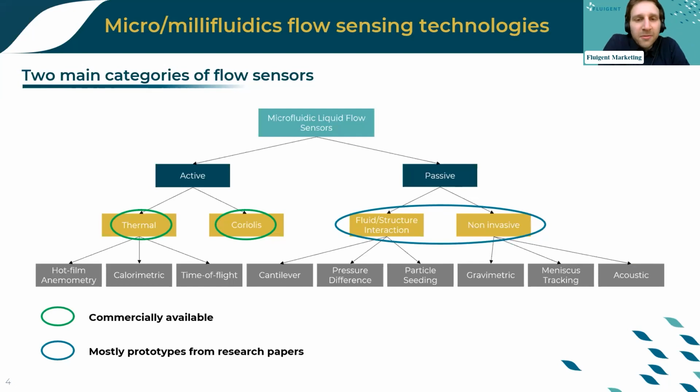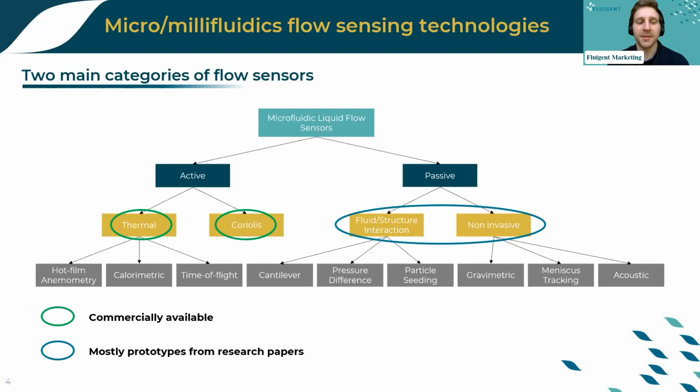So in the microfluidic and millifluidic markets today, there are two main categories of sensors, which are active and passive flow sensors. In active flow sensors, an external force or external parameter is applied on your system, and it allows you to measure the flow rate, which is the opposite of passive flow sensors.